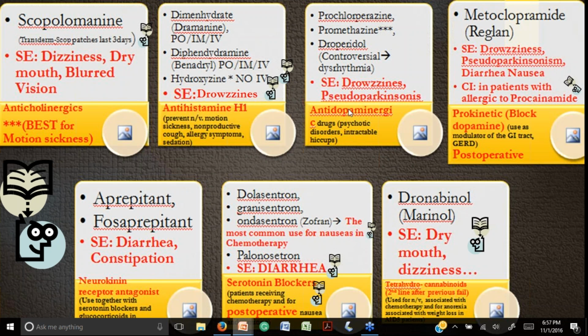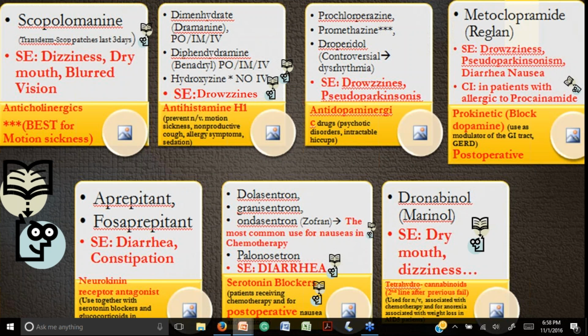Then we have the antidopaminergics, such as droperidol, which mostly produce pseudo-parkinsonism. Dopamine tunes the activity of your muscles, so if you have anti-dopamine, you're going to start having shaking arms, shaking muscles.